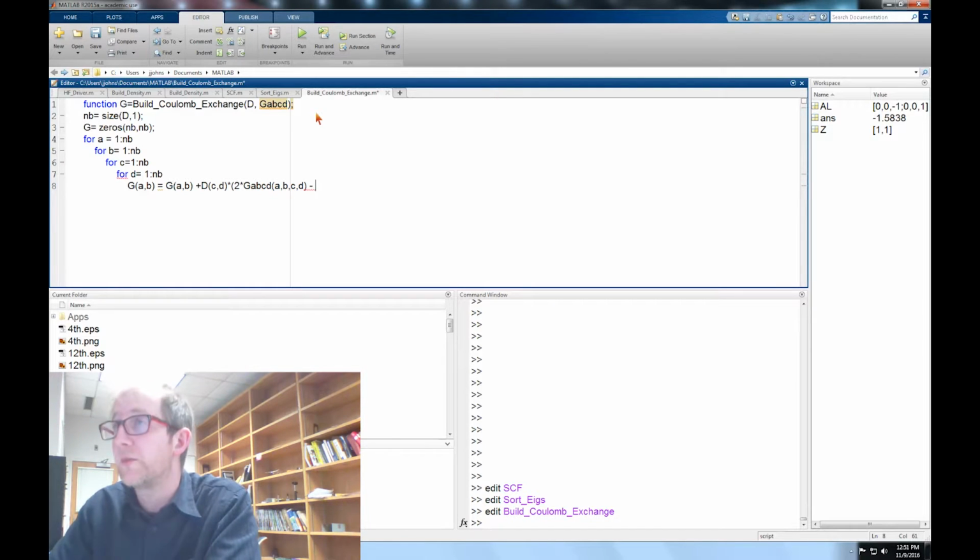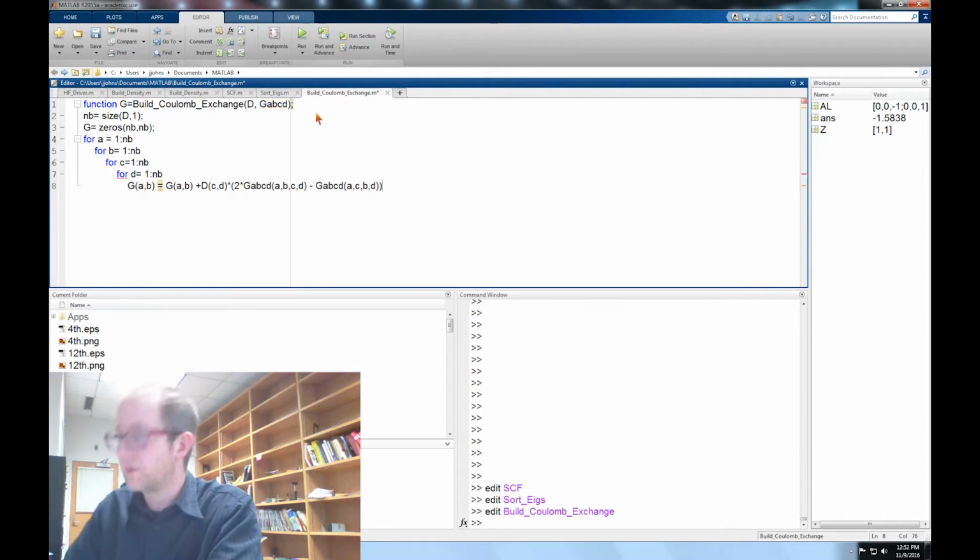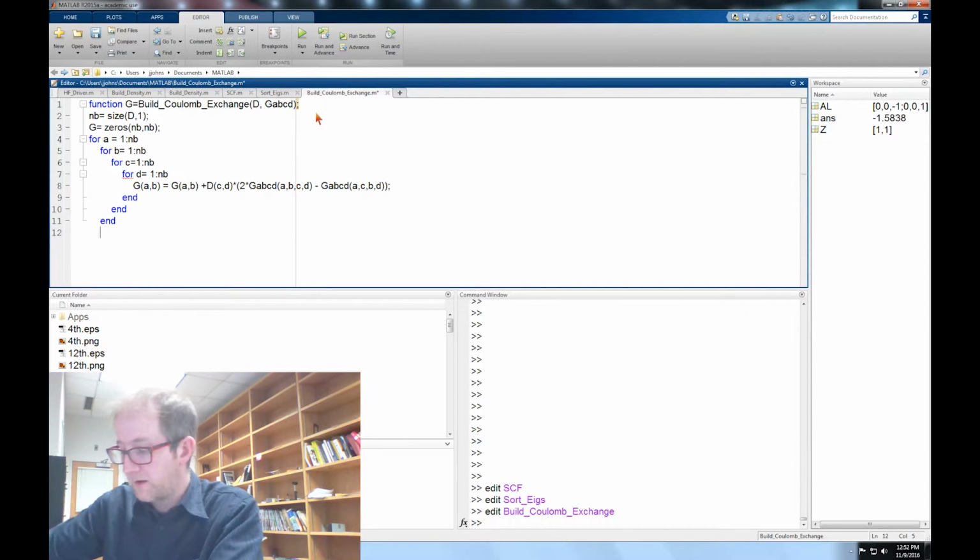So this will be the Coulomb integral minus GABCD of A,C,B,D. So we're swapping basis set 2 and 3 to get the exchange integral. All right. And that should be it.